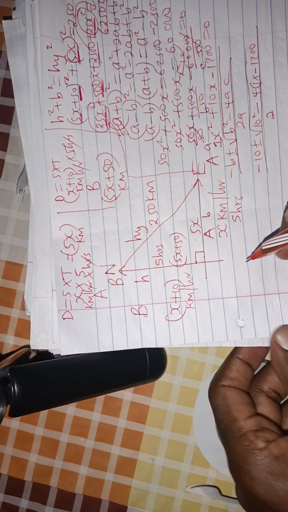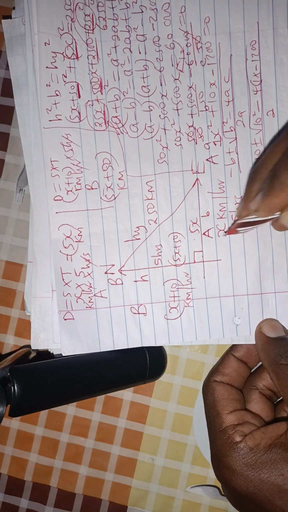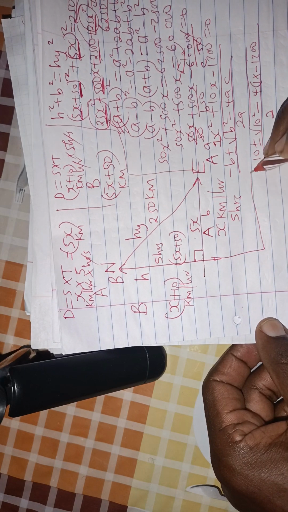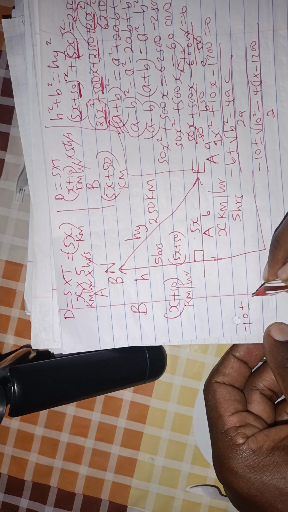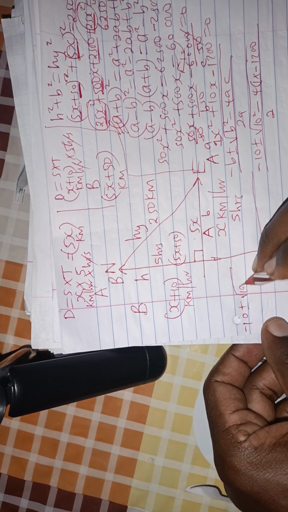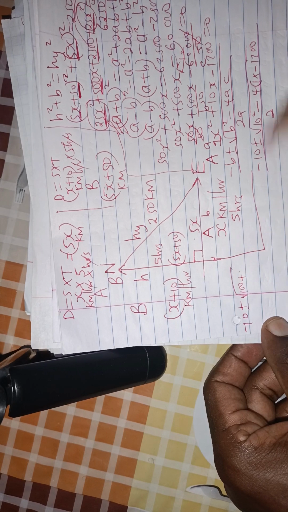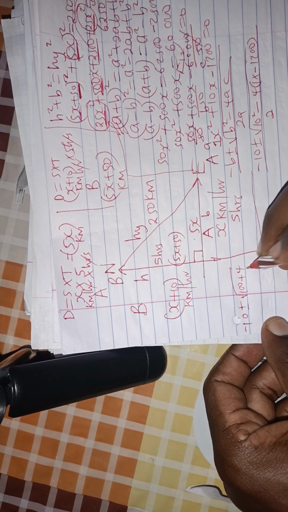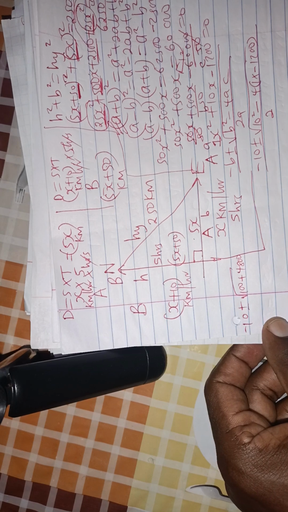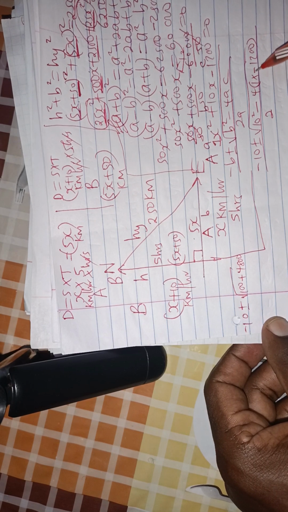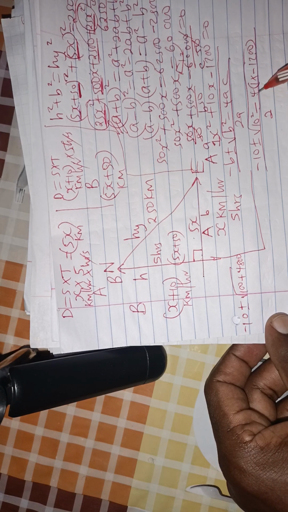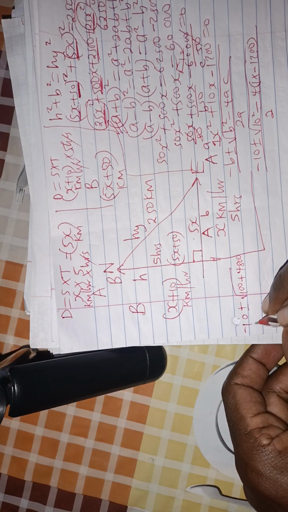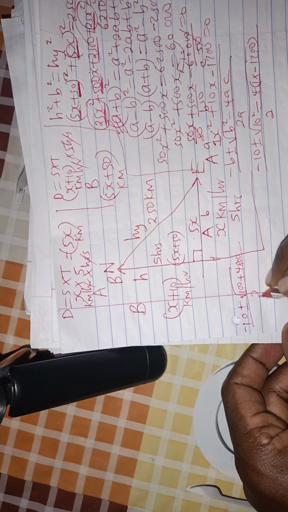So we have minus 10 plus or minus square root of 100 plus 4800. Why? 1 times negative 1200 is negative 1200, times negative 4, that is plus 4800. Then over 2.